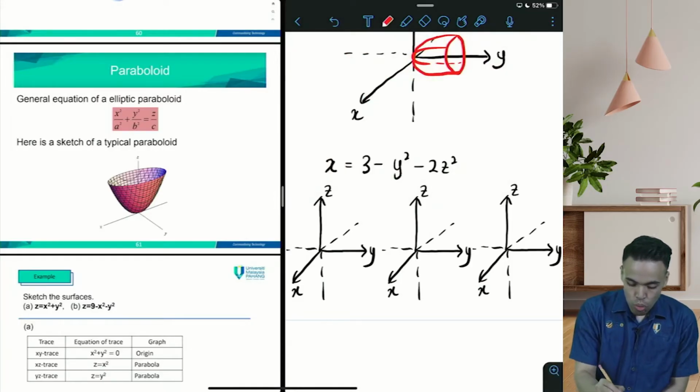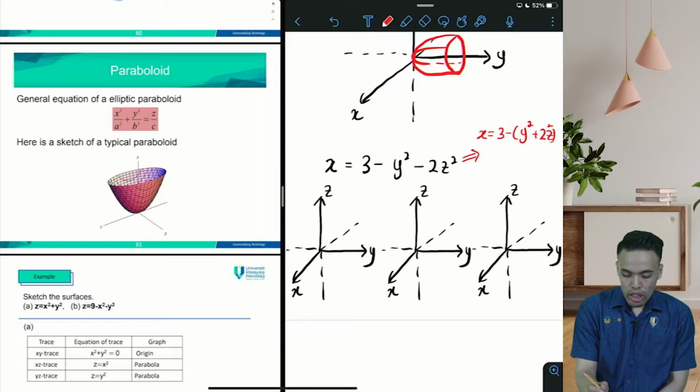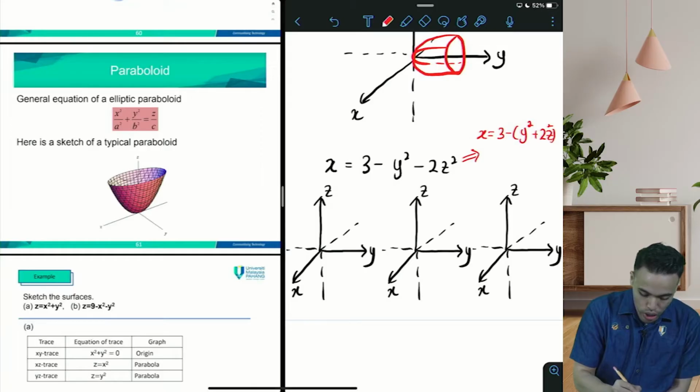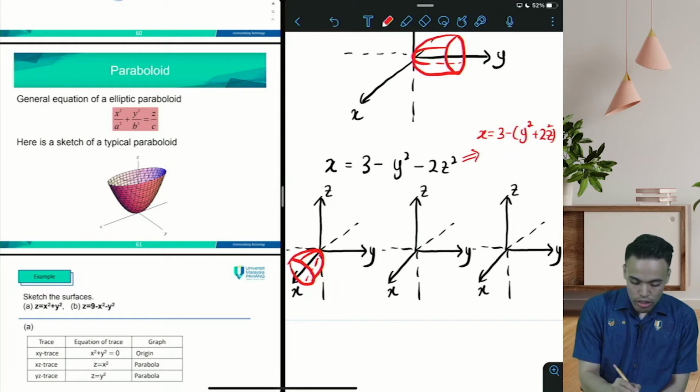Okay, if I try to rewrite the equation into terms I'm familiar with, I will get x is equal to 3 minus y squared plus 2z squared. Okay, let's try to sketch x is equal to y squared plus 2z squared first. So you will end up getting a paraboloid which will be traced along the positive x-axis. And this is when x is equal to y squared plus 2z squared.